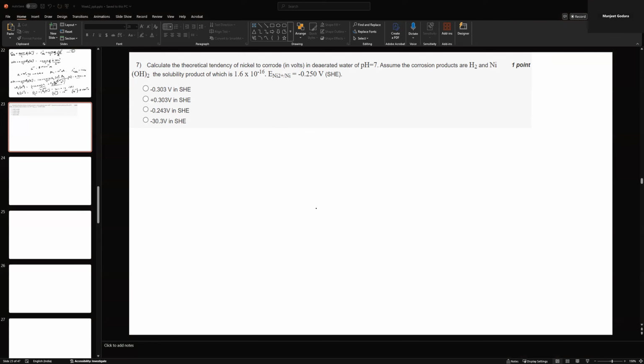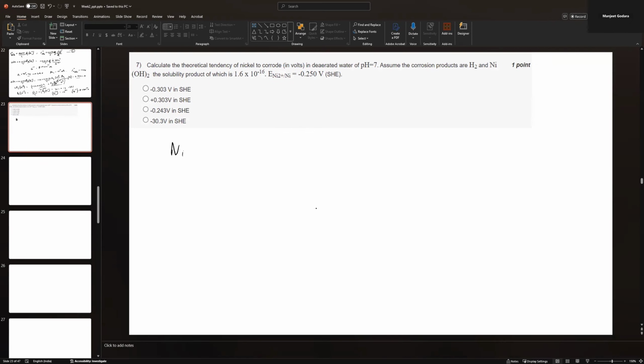So we're given nickel plus twice H2O gives you nickel hydride plus H2. This is the equation we are assuming. Nickel gives Ni2+ plus 2 electrons, and E naught is given as minus 0.25 volt.